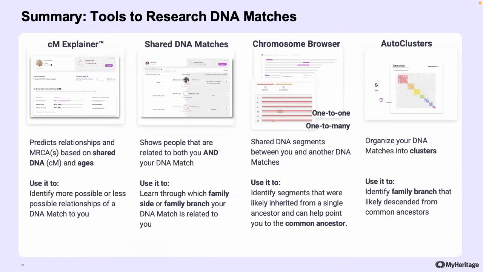That would help you to draw some sort of family tree to understand from which side they are related. The segments, I think, will be the most helpful here.